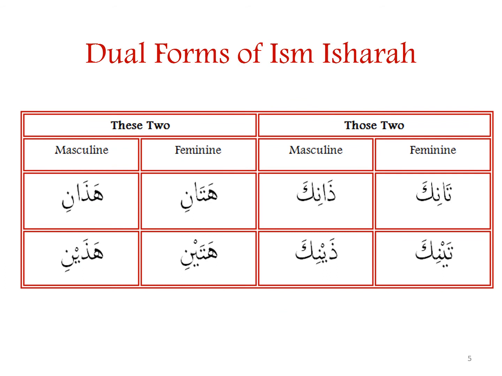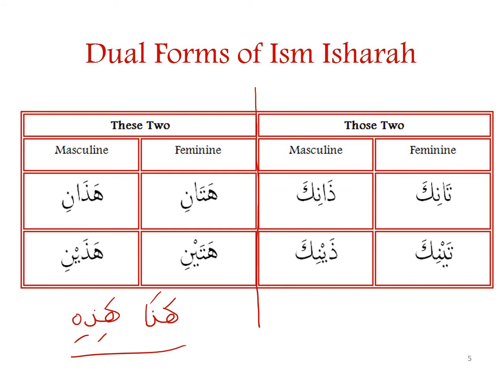Now the ism ishara actually has dual forms as well. If you look on the left side, we're thinking about hadha here, or hadhi here. These are for the singulars, the mufrad, when we're referring to a singular word.